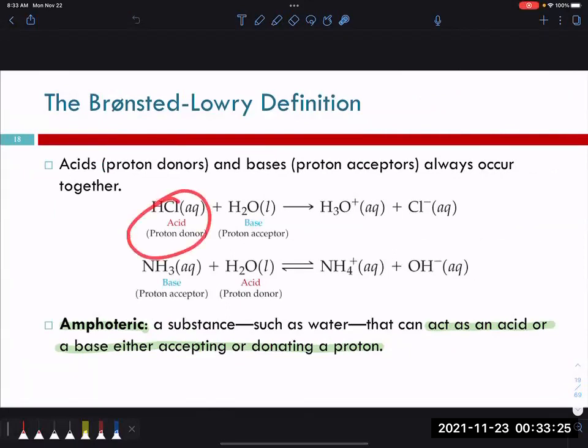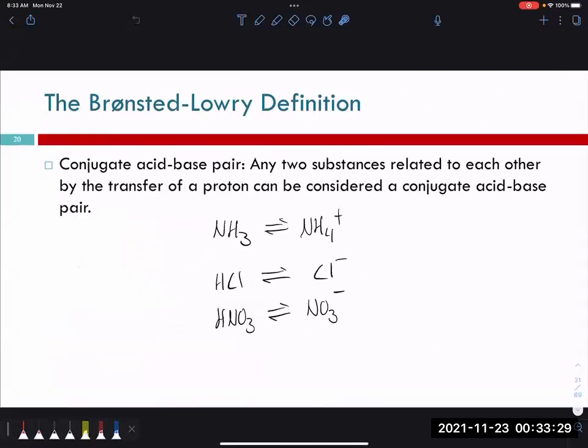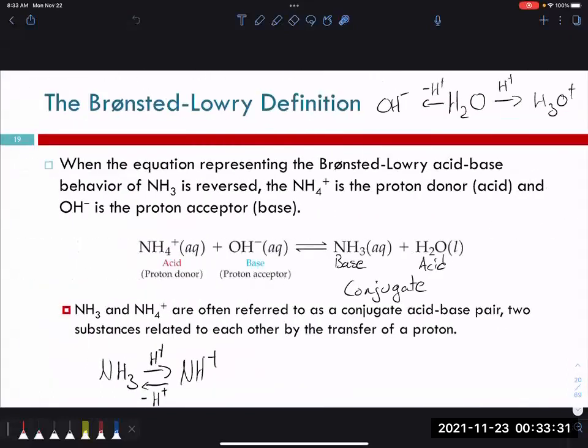So our acids are proton donors, bases are proton acceptors. We also have this idea of the conjugate base, conjugate acid-base pairs. On the reactant side, if you have an acid, on the other side is going to be a base, and not just a base, but the conjugate base.